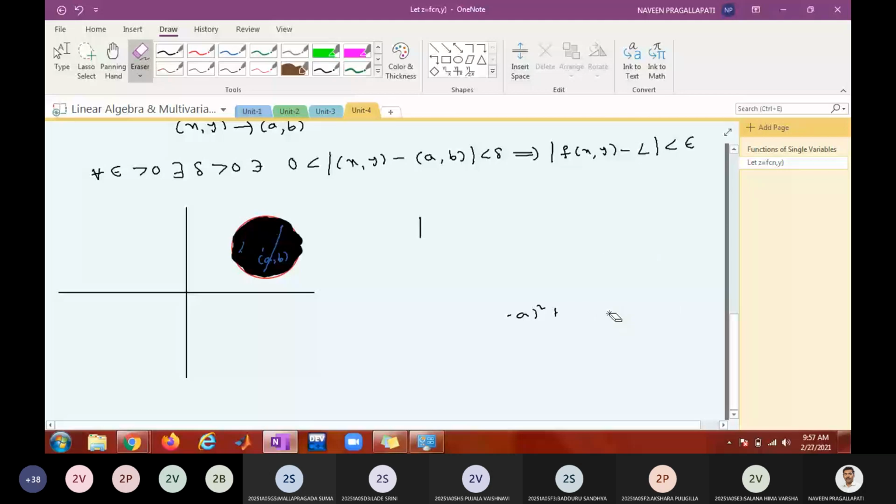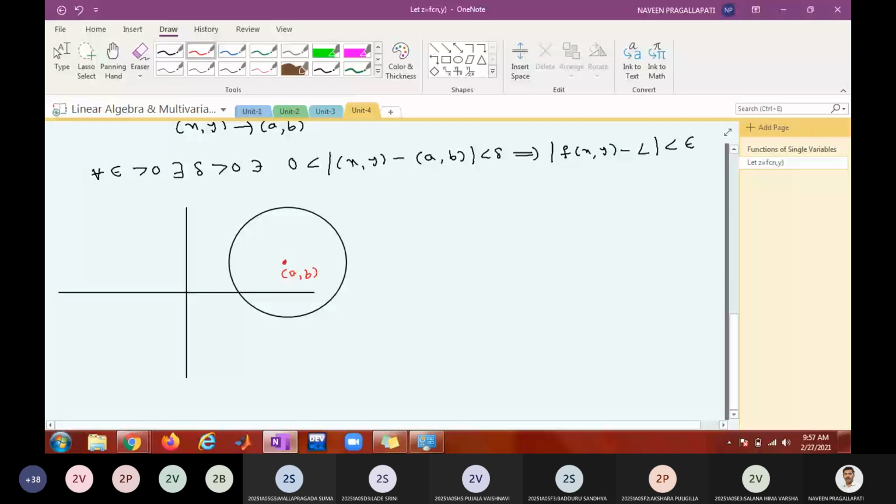So now the point is, there are infinitely many ways. Let us say you have a point here, and this is (a, b). Let us say we are removing the point.